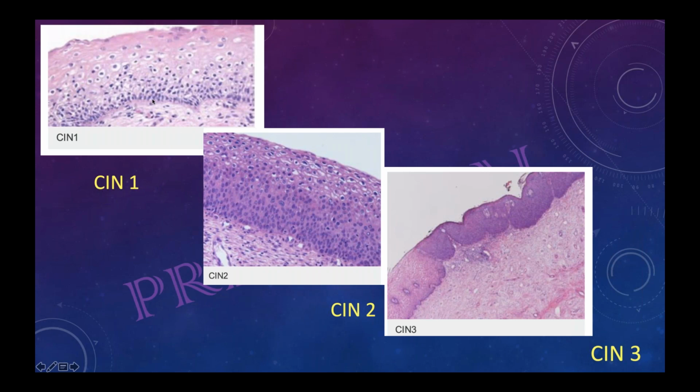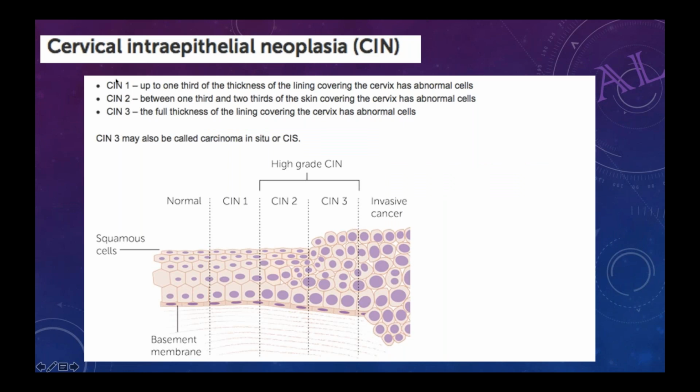So this is CIN 1. You can see only the lower one third of the cells is involved. In CIN 2 almost two thirds is involved, and in CIN 3 the complete thickness has been involved. This picture they are not giving in the exam, but yes, you have to know this. Part 2 people get questions from here.